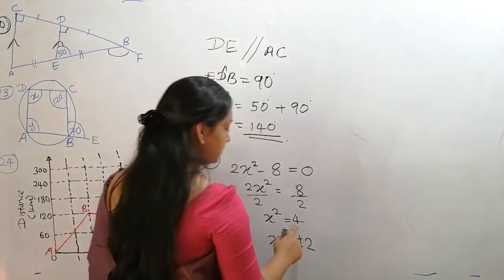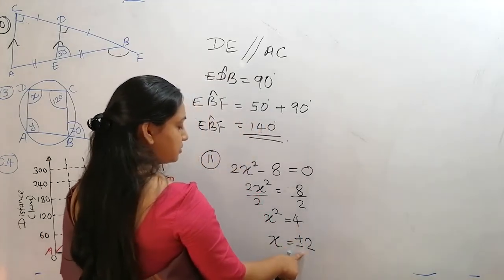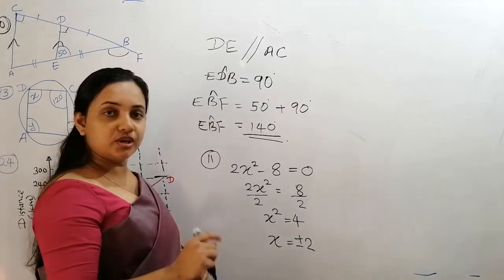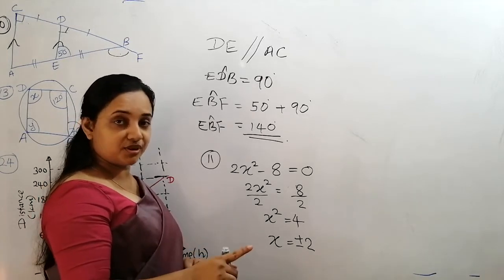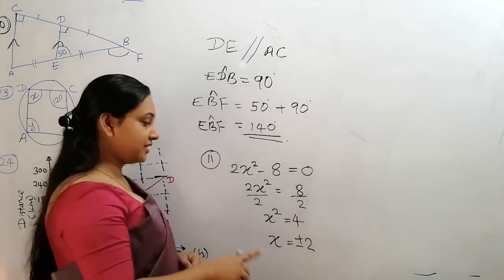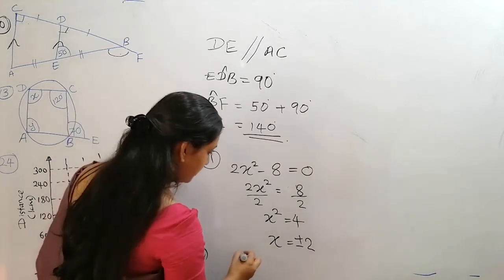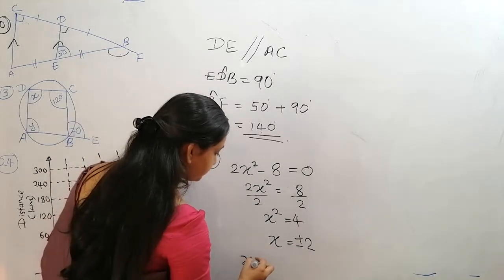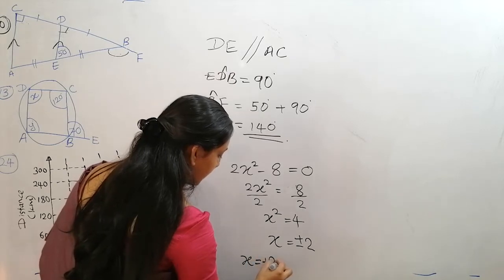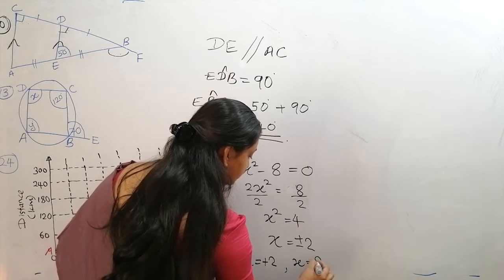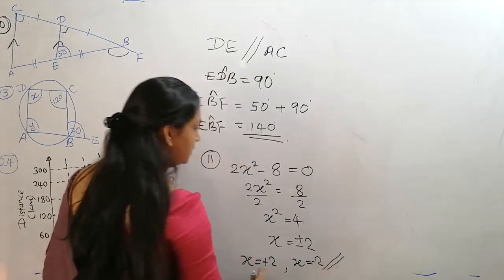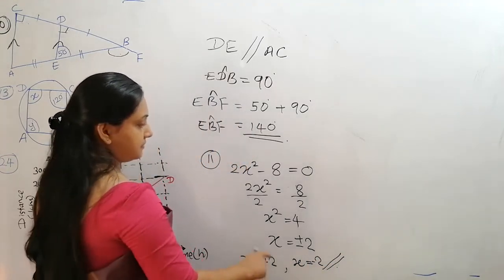It can be positive 2 or minus 2, because minus 2 into minus 2 is positive 4, and positive 2 into positive 2 is also positive 4. Then there are two answers. Therefore, x can be positive 2 and x can be negative 2. These are the answers for question number 11.